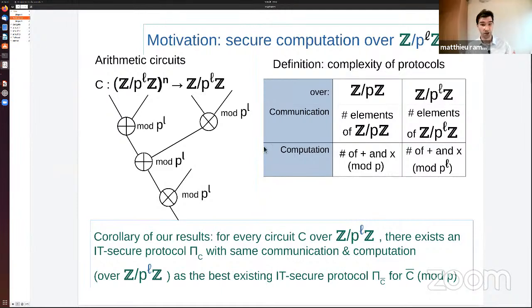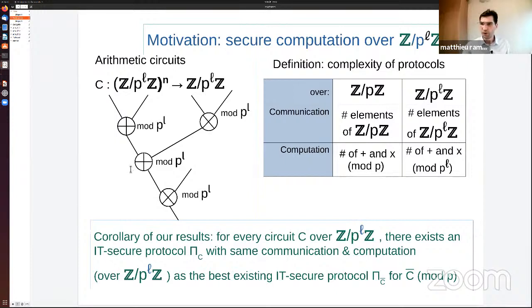And we ask the question, what is the complexity of protocols to directly compute in this ring? And as a corollary of our result, we close the gap between the complexity of secure protocols over rings and previously known complexity over fields.